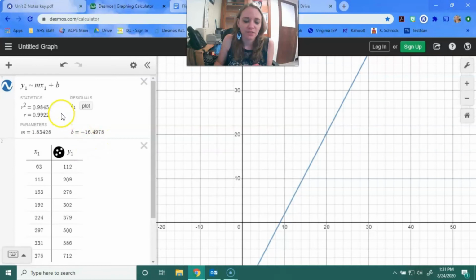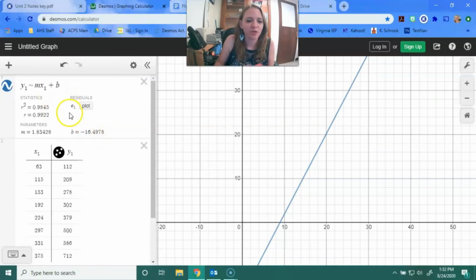Okay, so this is how we're going to write our equation. Usually we're going to put answers to 2 decimal places, so that's to the hundredths place. So 1.83 will be our slope, and then negative 16 point, we're going to round this up to 5.